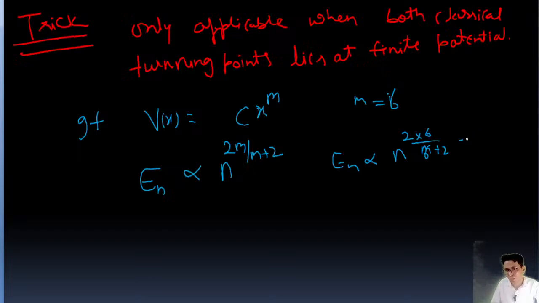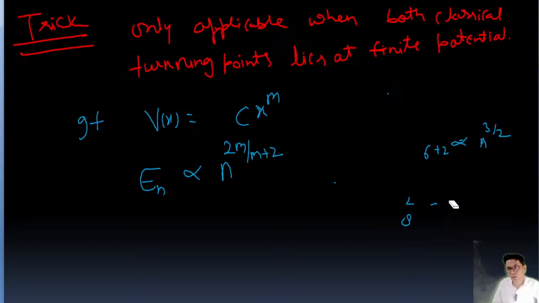So this is proportional to n to the power 12 upon 8, which is 3 by 2, because 4 times 3 is 12 and 4 times 2 is 8. So En is proportional to n to the power 3 by 2. This is how we can easily solve questions. Very important formula. I'll explain it by giving an example.